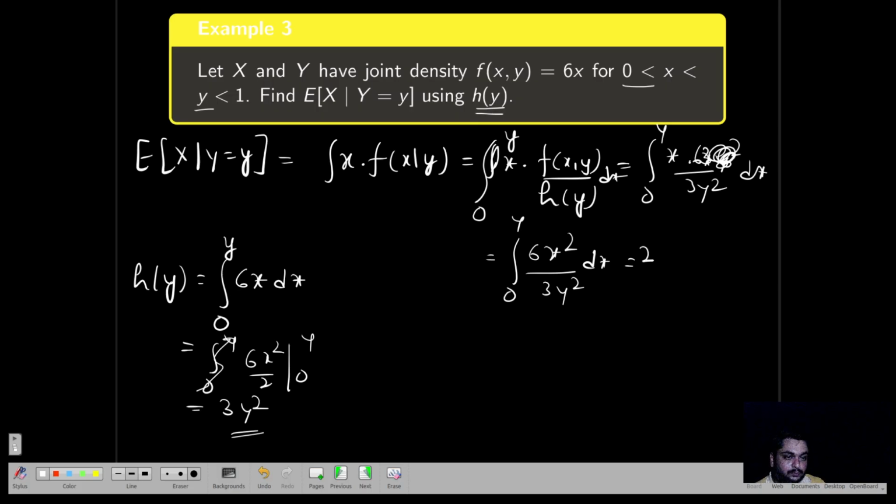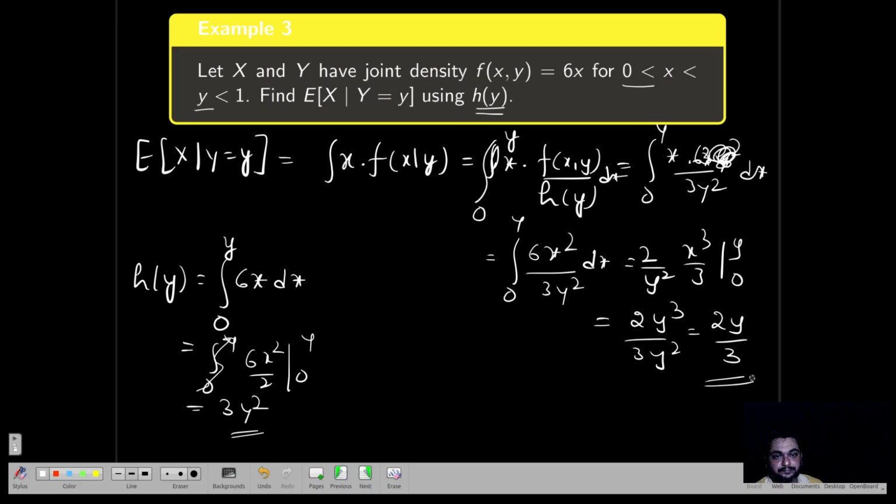So it will be 2 by y square outside because it's a constant. Then what is the integration of x square? x cube by 3 in the interval 0 to y. So this will be 2y cube divided by 3y square, that is equal to 2y divided by 3. This is the answer.